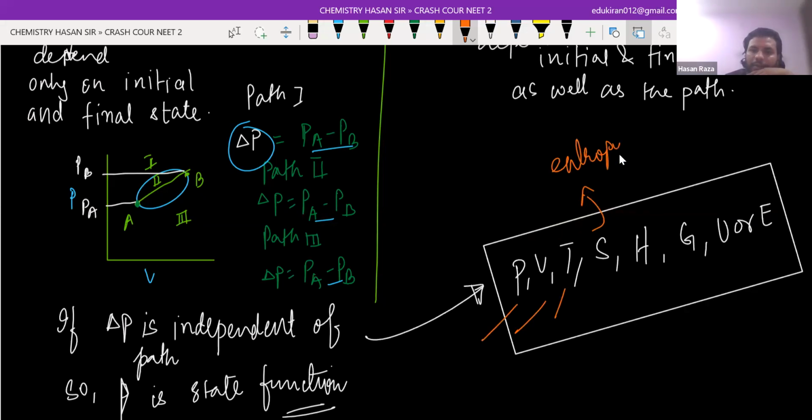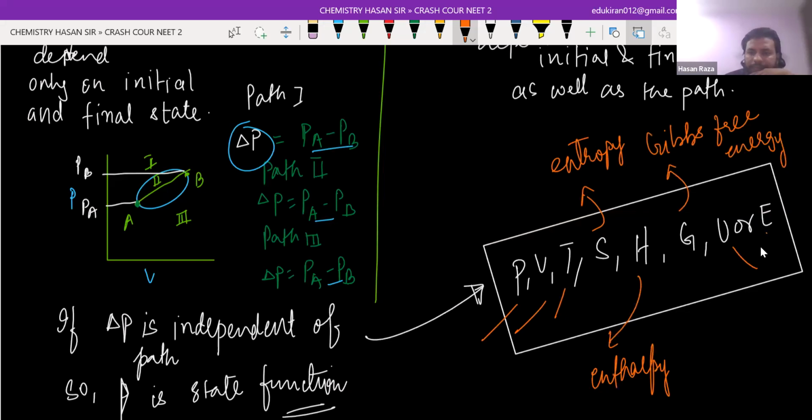S is for entropy, H is for enthalpy, delta G is Gibbs free energy, and delta U or U or E is internal energy. So I think it's clear to all of you, right?